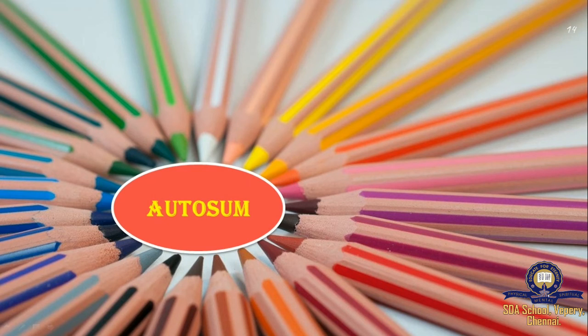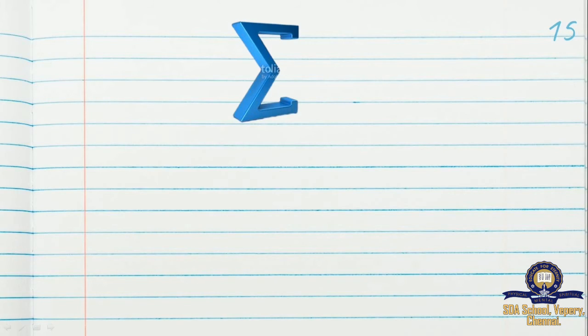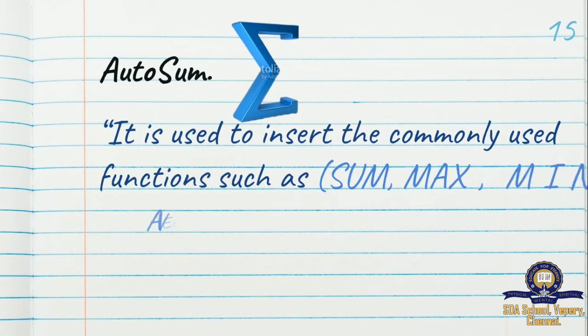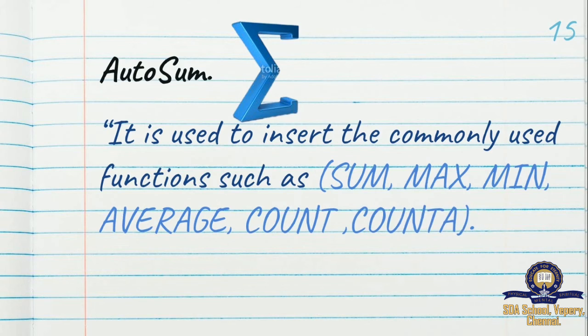This is very helpful for you to select the inbuilt functions. We call this AutoSum. It is used to insert the commonly used functions such as sum, maximum, minimum, average, count and count A. These functions are already given for you in the AutoSum tab.